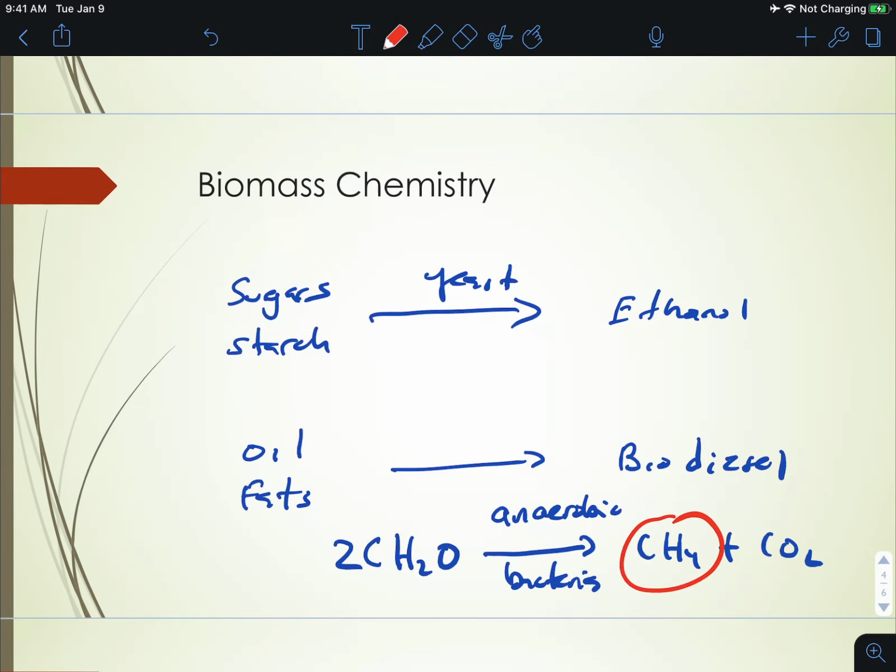It's the simplest hydrocarbon fuel. So what you can do is take organic materials, any sorts of organic, they could be waste materials, waste products, stuff like that, take it through an anaerobic digestion, capture the methane, and use that. And remember, methane is also a pretty substantial heat trapping gas, so you don't want to be letting this stuff out. But that is another way you can use biomass chemistry to get a fuel.